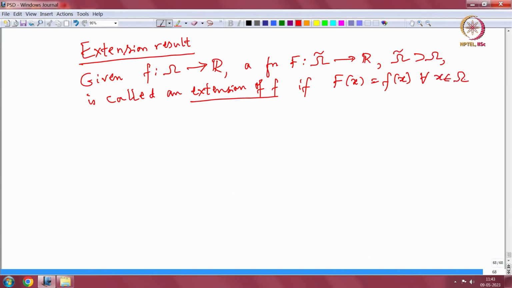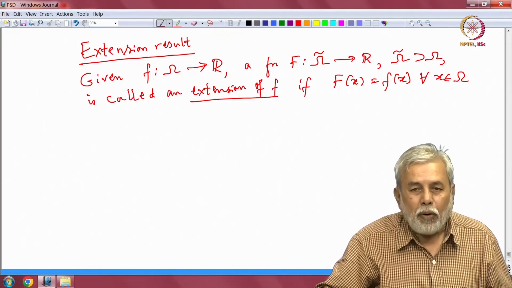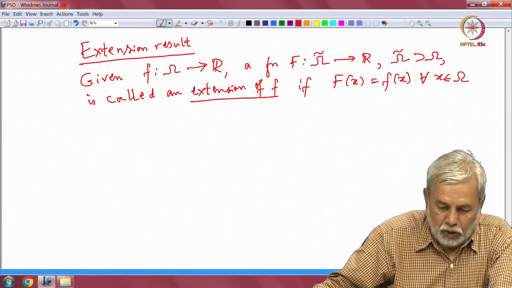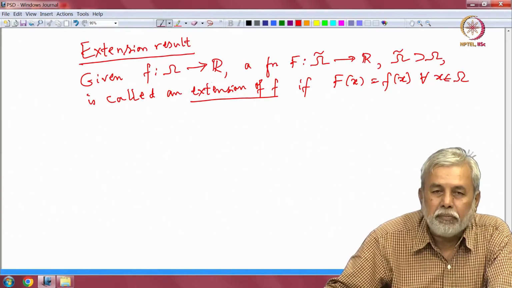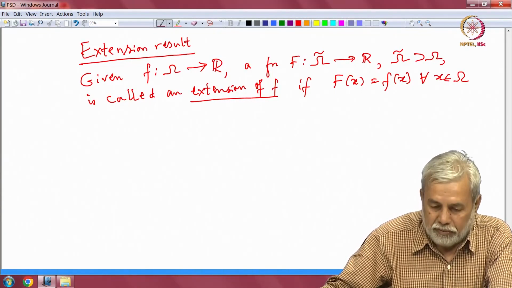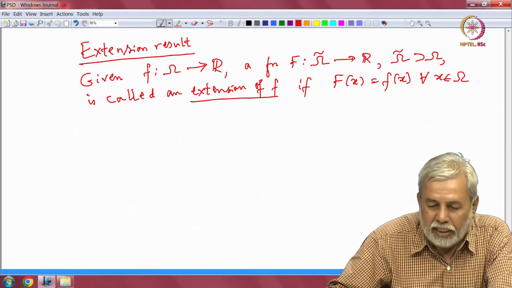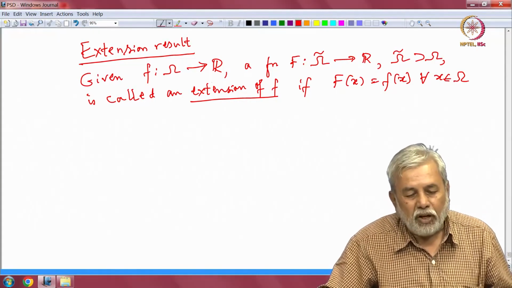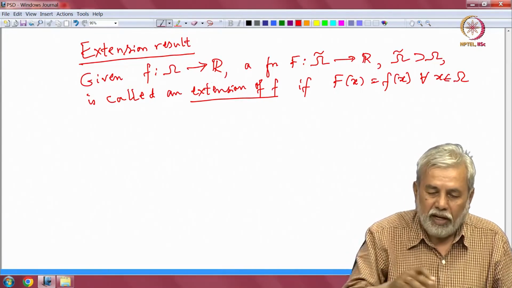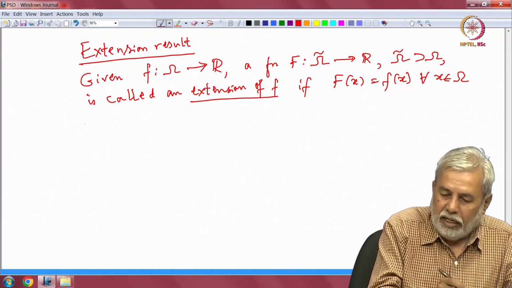Of course, this is too general a definition, but when f has certain properties, for example, f belongs to a Sobolev space, we would like to have this big F also have some similar properties, and more importantly we want to control the norm of F in terms of f, and that we will see in the following theorem.